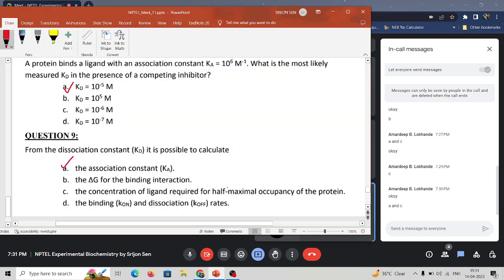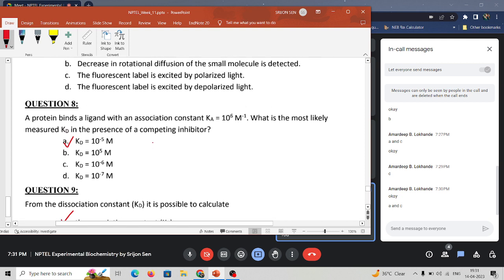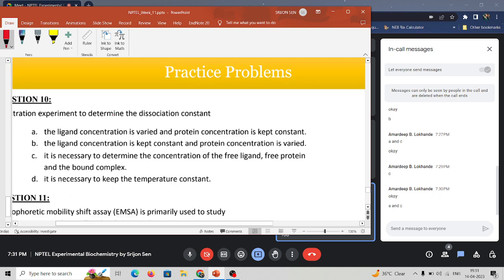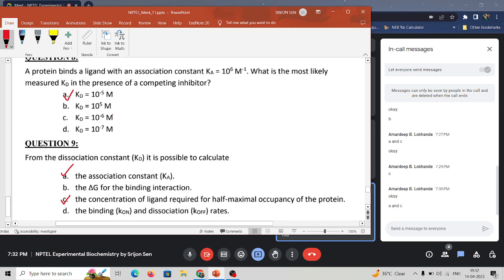So A and C you say. Anything else you can calculate from the dissociation constant? A and C is right.